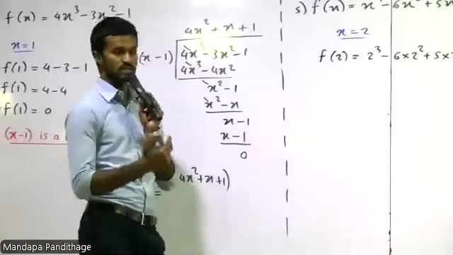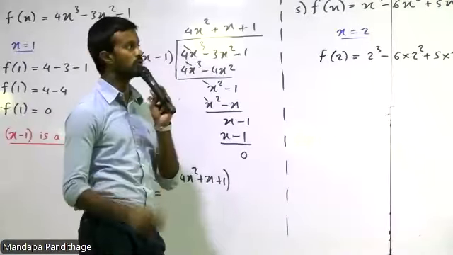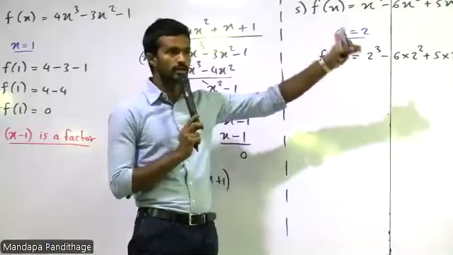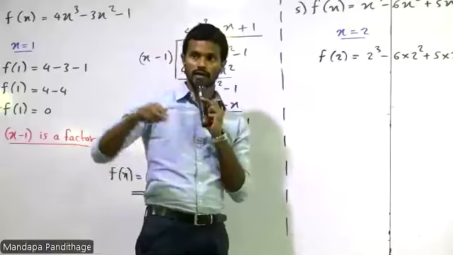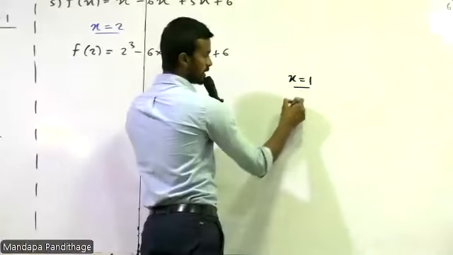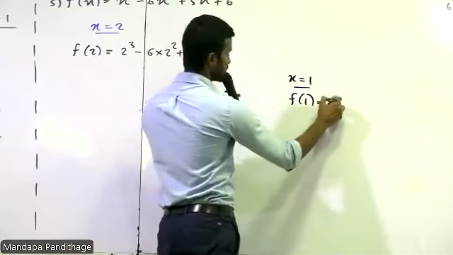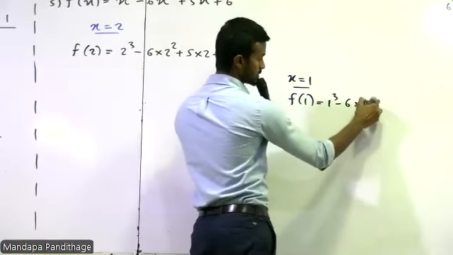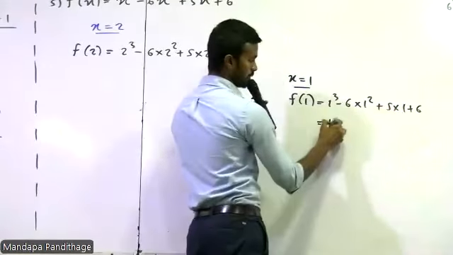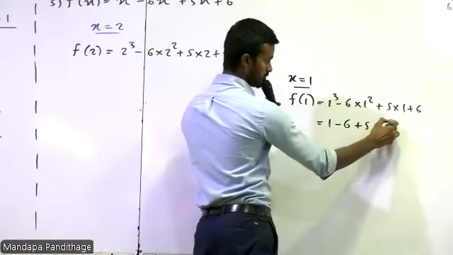I asked you to use the rough paper or the back of your book and find a value that makes this zero. It is rough work. When I'm walking, I see some rough papers with x equals 1, f(1) equals 1 cubed minus 6 into 1 squared plus 5 plus 6.